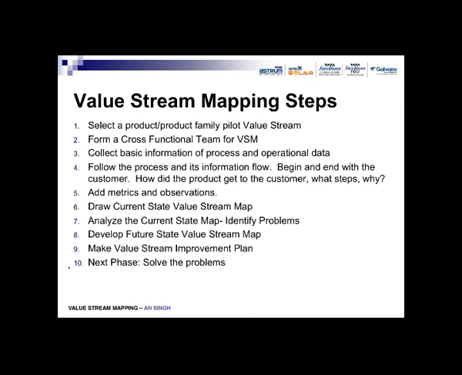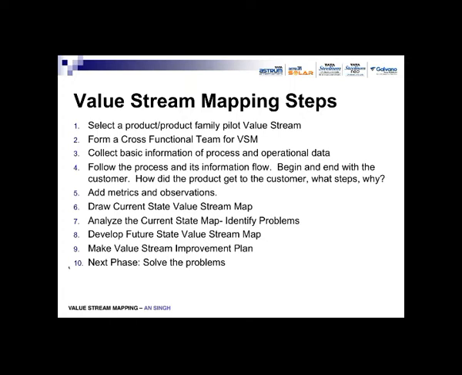You select one product family, make a simple process map, and select it as a pilot value stream. Then form a cross-functional team for value stream mapping. Value stream mapping is not just one man's activity. People from operation, quality, maintenance, marketing, and services all have to be involved because it has to be seen from all angles. So a cross-functional team is required.